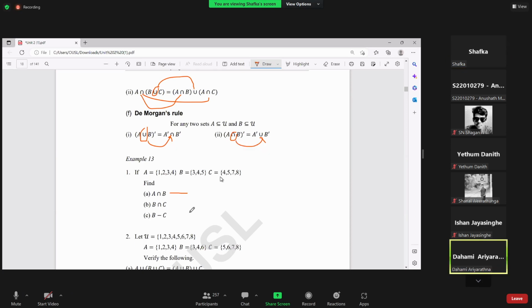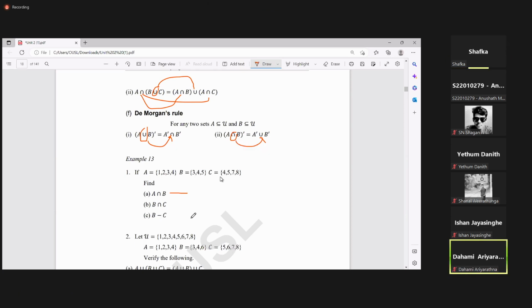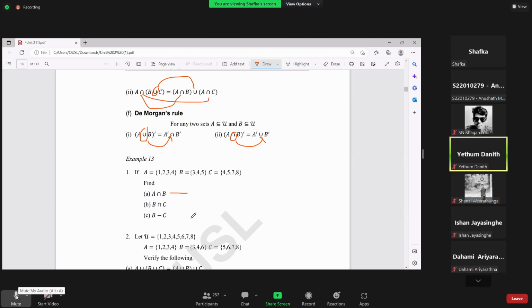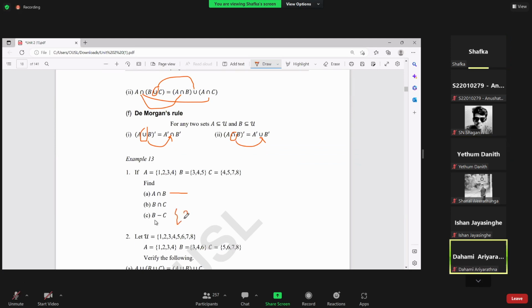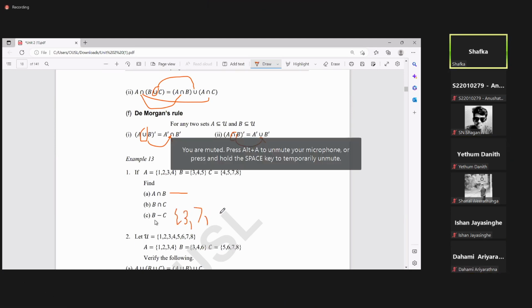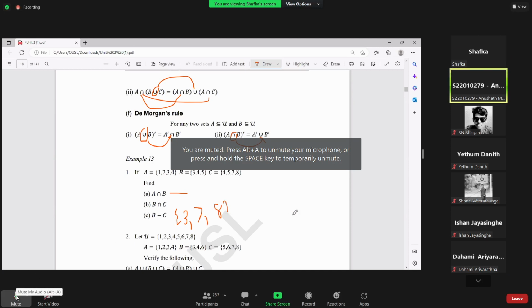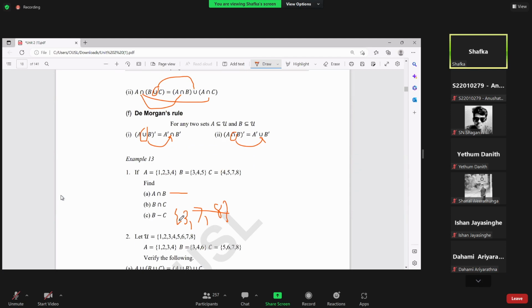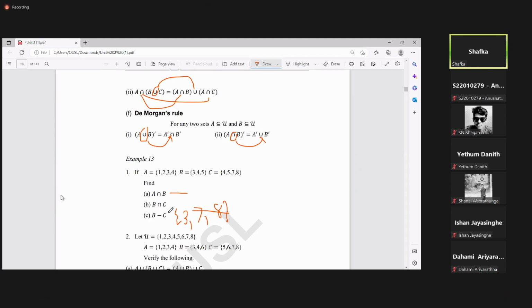B minus C? 3, 7, 8? Who said 3, 7, 8? Only 3. In B minus C, the element should be in B but not in C.